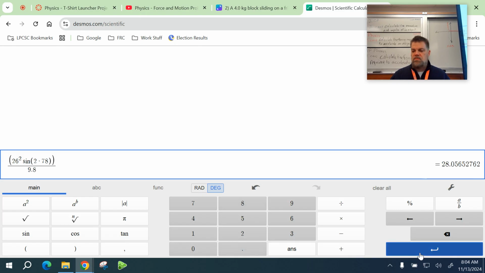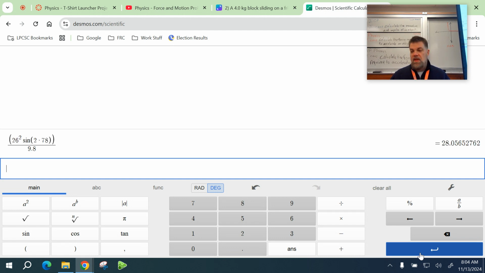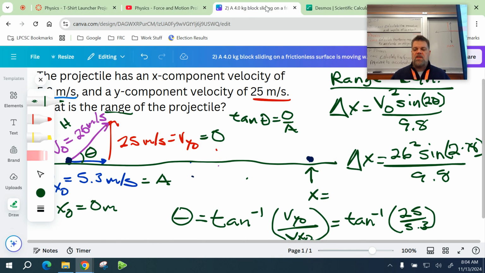Okay. So my answer that I got was about 28. They did some rounding. So the solution that you have, let's just finish that.